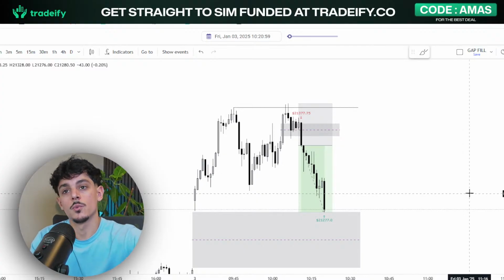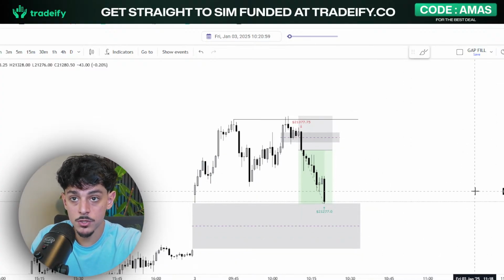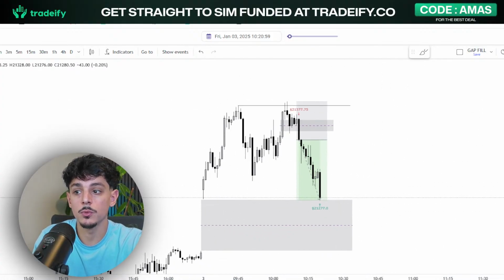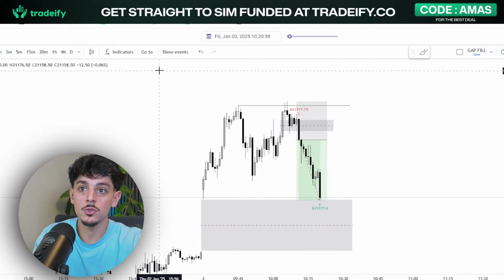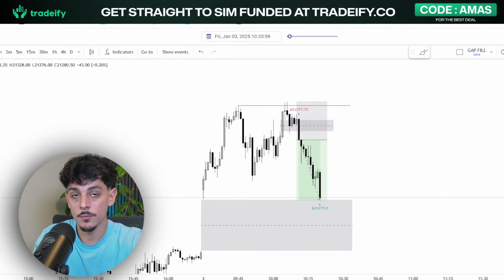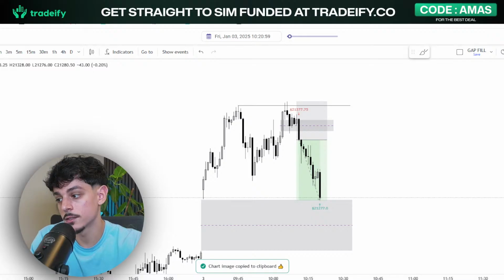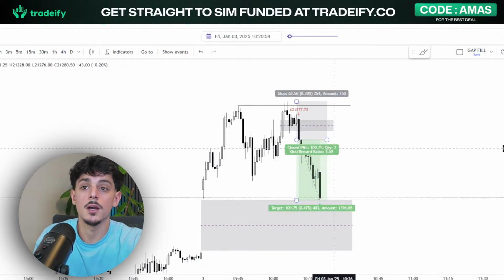Then you're going to take pictures of all the trades you're taking. So this would be the first trade. You would click on the screenshot tool, or just use the one on the top right here to take a snapshot. Boom, copy the image and then paste it on your Discord. That would be your first picture.